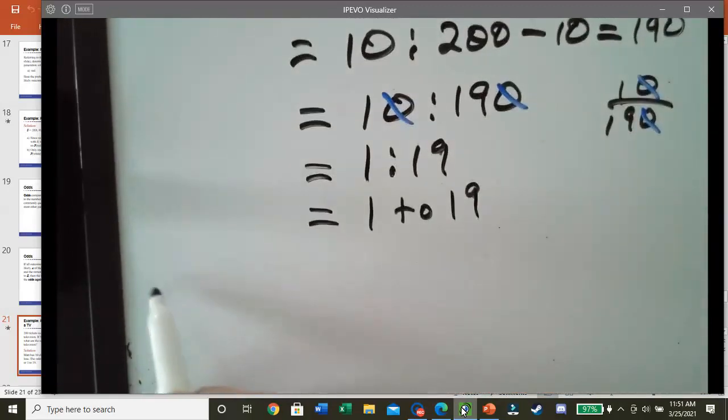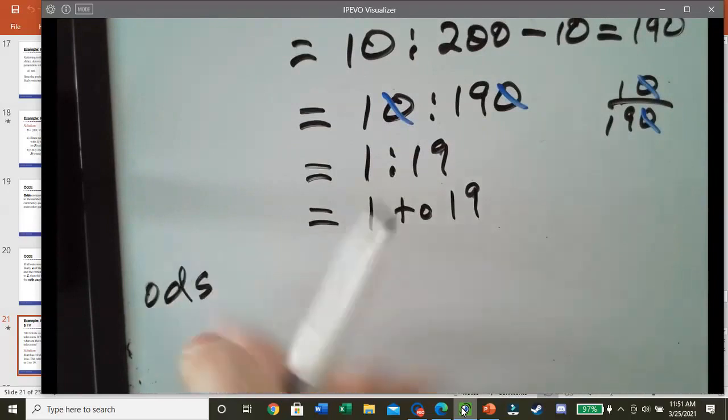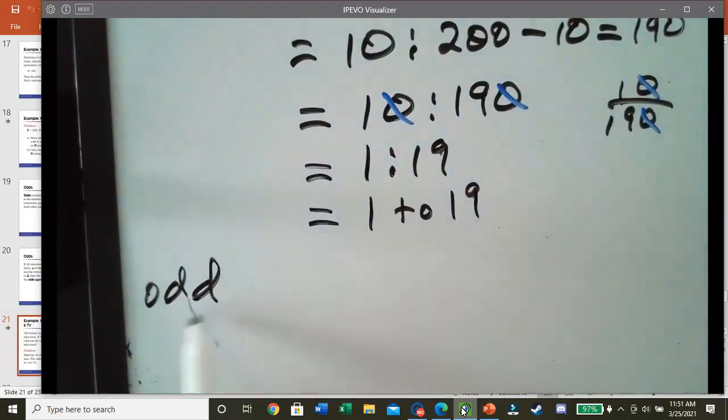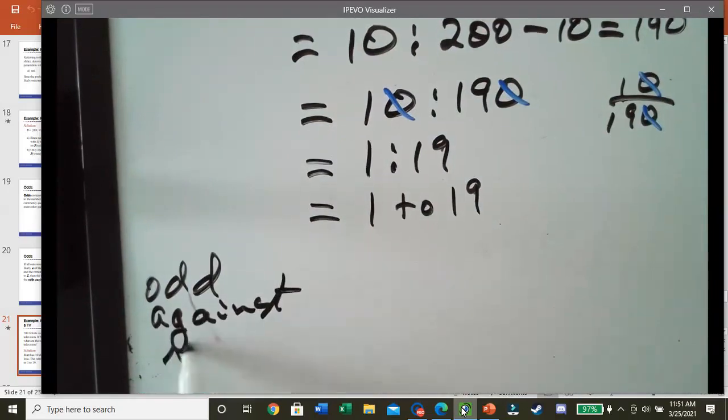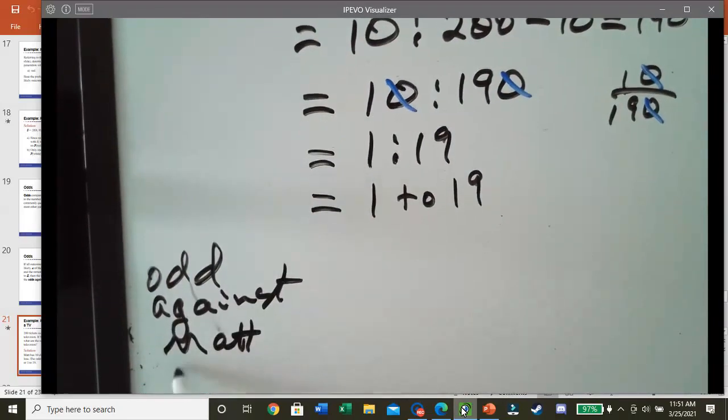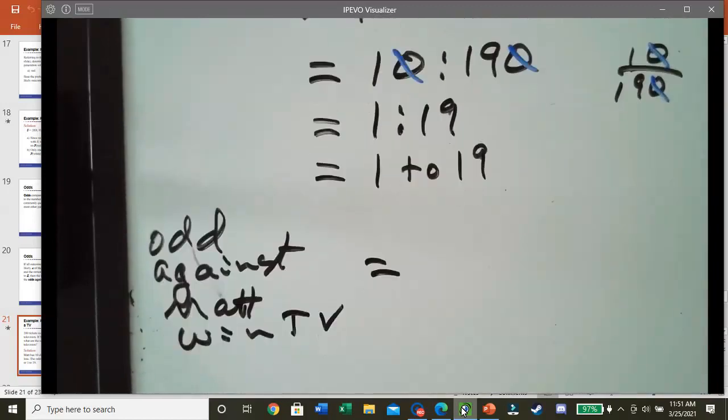So the odds against Matt winning a TV are what? Odds against. Yeah, 19 to 1, right?